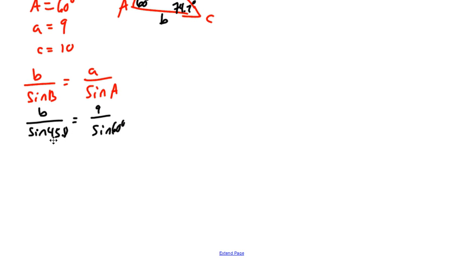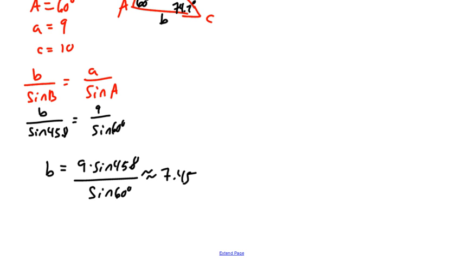We can cross multiply and solve. b equals 9 times sine of 45.8, but since I multiplied by sine of 60, I have to divide by sine of 60 degrees. If you get that approximate answer, you would get 7.45.